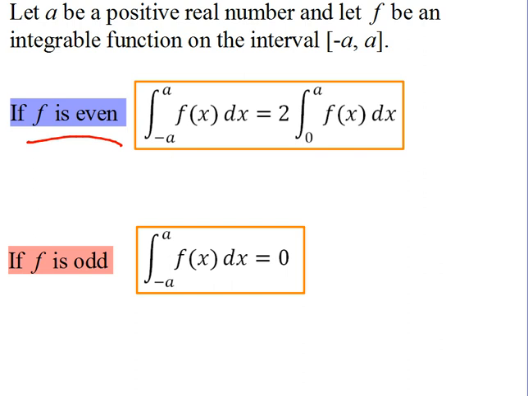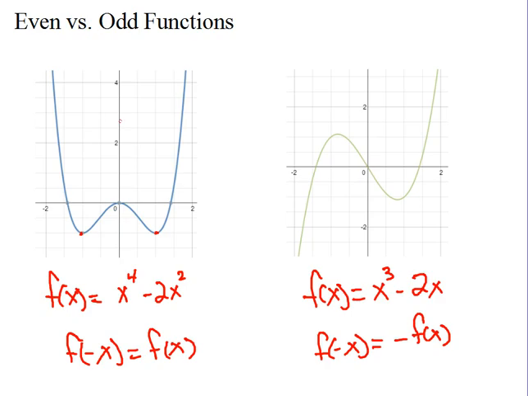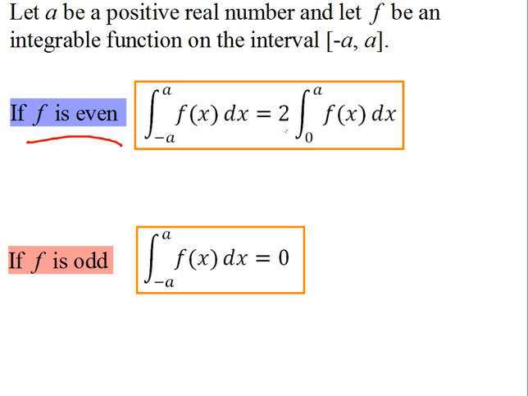Just like in the last picture, if this is negative a and we're going over to a, then since there's symmetry, that's the same thing as integrating from 0 to a and multiplying by 2. This works only for even functions.